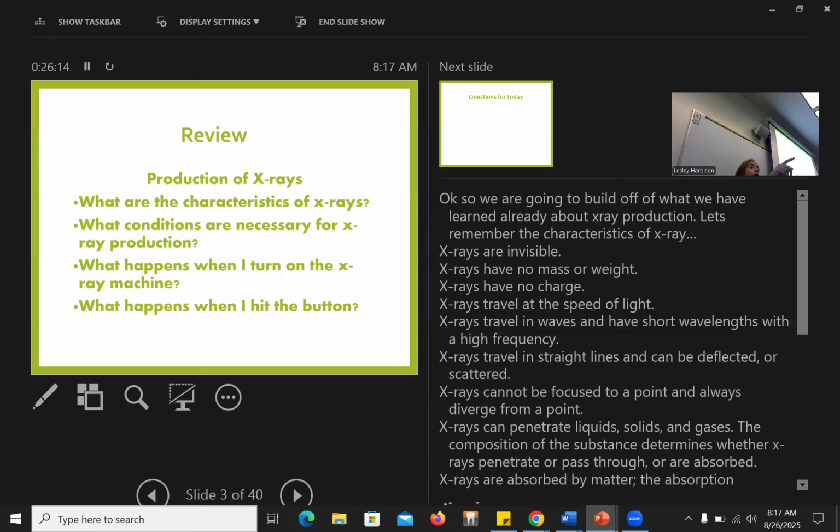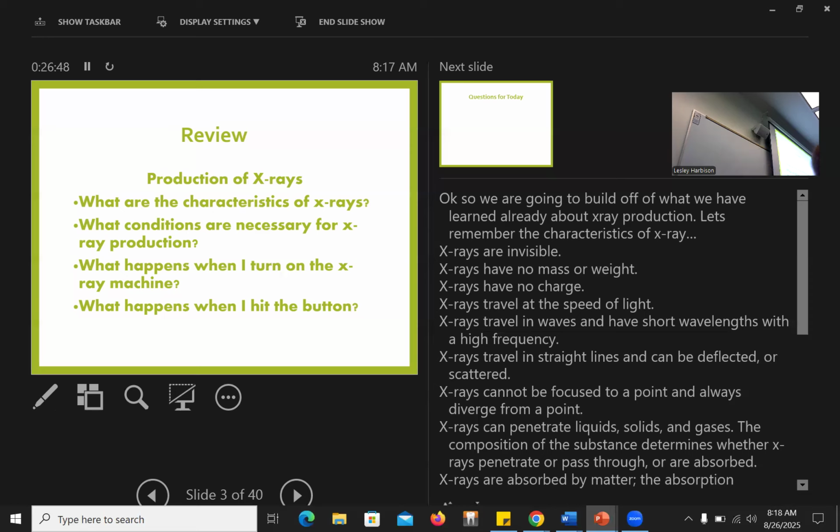The electrons start moving. Yeah, so we've given it the volt, we've given it the electricity, and now they start moving from one side to the other. So that is the exposure time when we push the button on the wall and we hear the beep. What that's doing is giving those electrons the boost, the energy, the voltage to fly across and then create X-rays. So when we just turn on the machine, it gets it ready. When we push the button, it actually makes it happen.